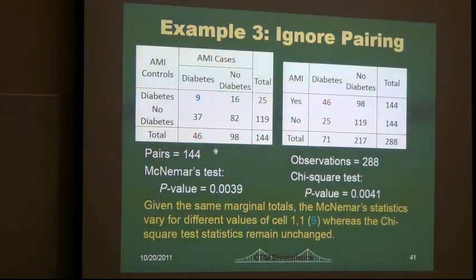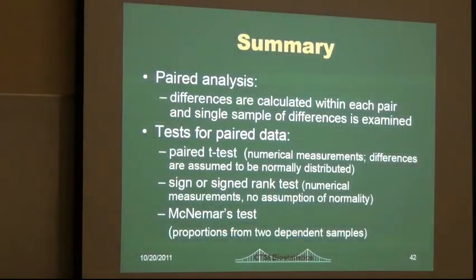It gives you more information because you know more about the observations. You know who is paired with whom. So you have more information in these matched or paired tests if you design the study to give you paired samples. Any questions?